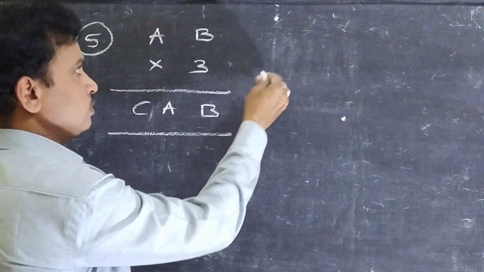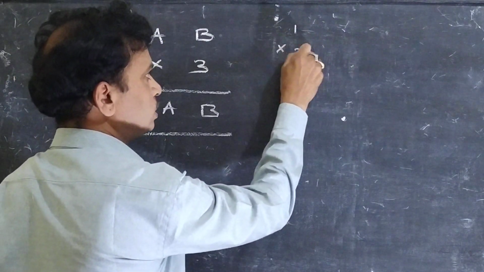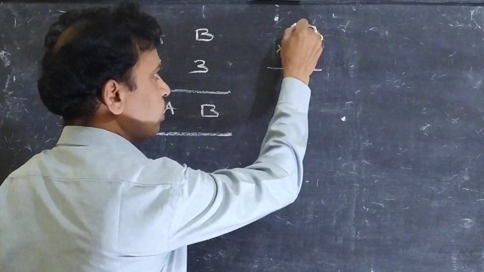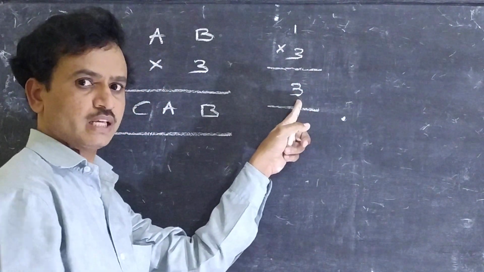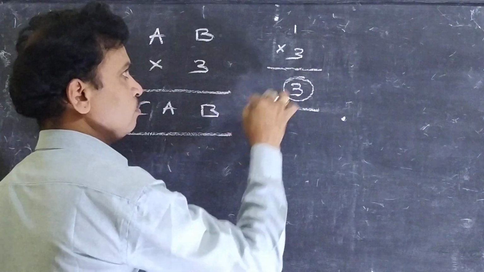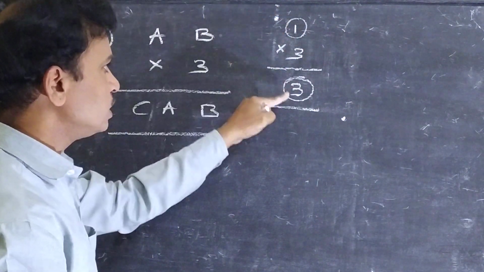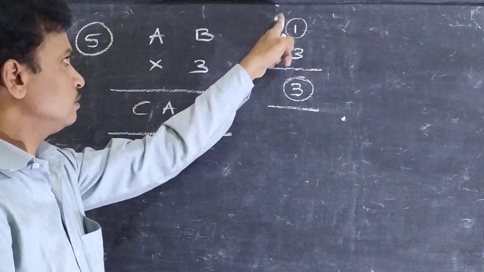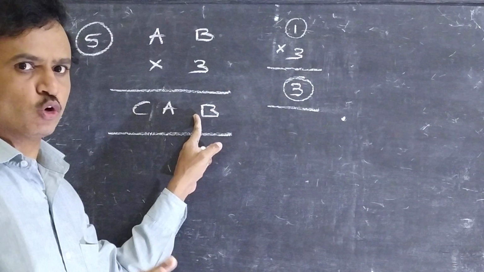Okay. Now here 1 into 3, 3 1s are 3. Here we are getting 3, but here 1 is there. We want these two digits to be the same, according to the question, B. Okay, this is not possible.